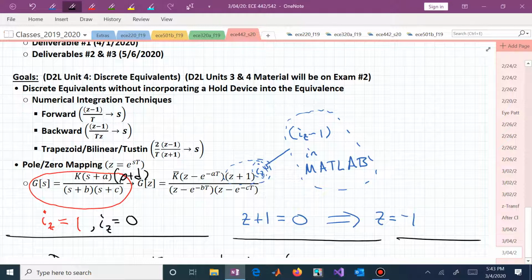2, because we would have a 1 over s squared. Yes? Pardon? Can I sub z be negative? No, let's not really go there.